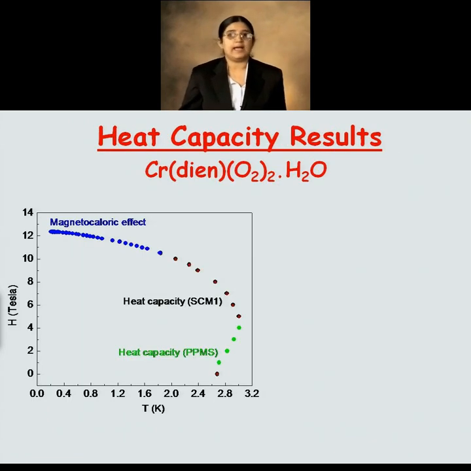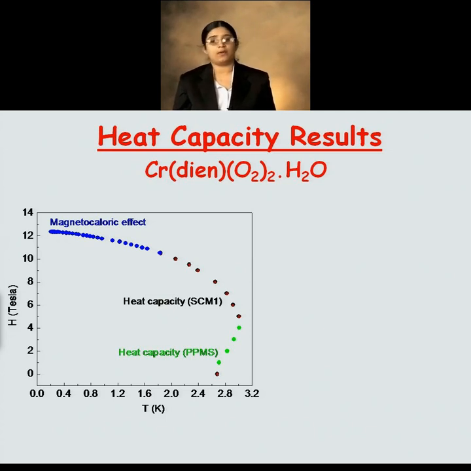And here is the H versus T plot, which has the combined results from both the heat capacity and the magnetocaloric effect. As you can see in this plot, it is non-linear in nature with respect to the magnetic field, and the transition temperature first increases with increase in the magnetic field, and then it starts decreasing.